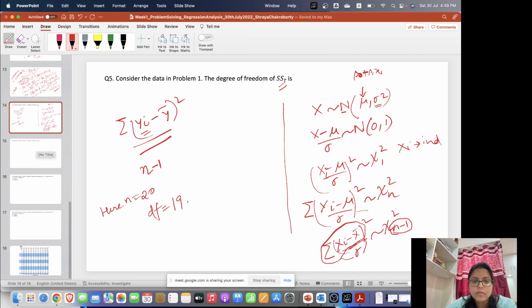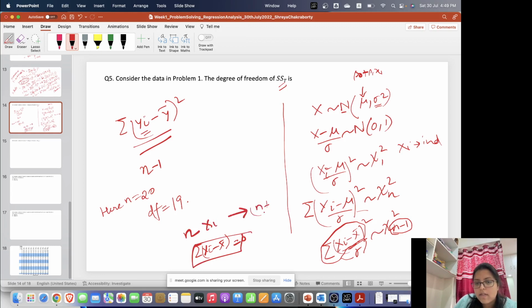Why is the degree of freedom less than n? Because you see, summation xi minus x bar is 0, this is a constraint. If there are n x's, you can only choose n minus 1 x's freely. One x will be chosen as per this constraint.